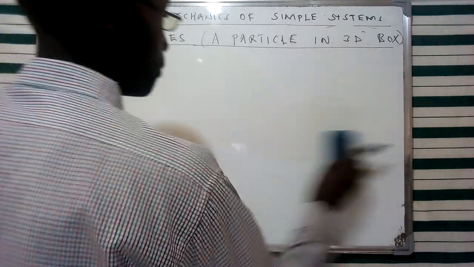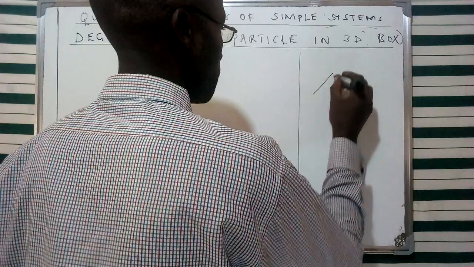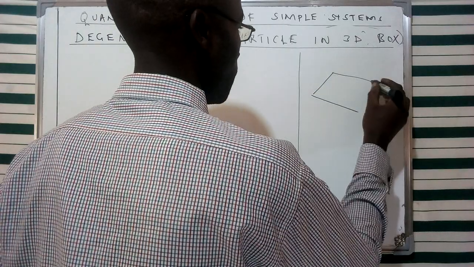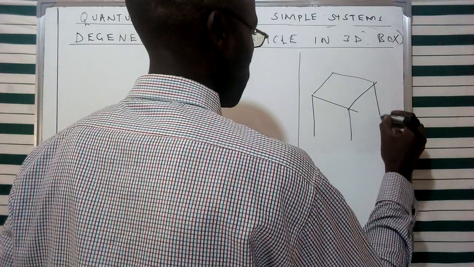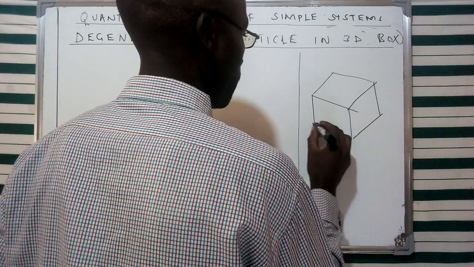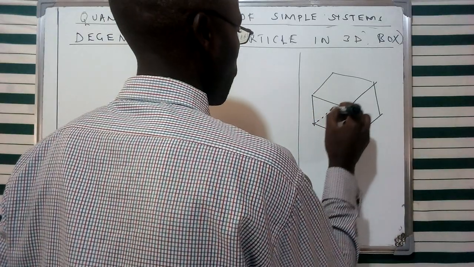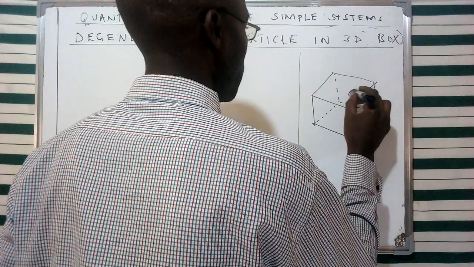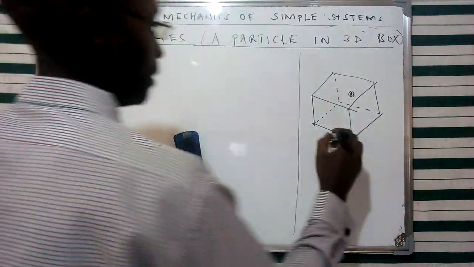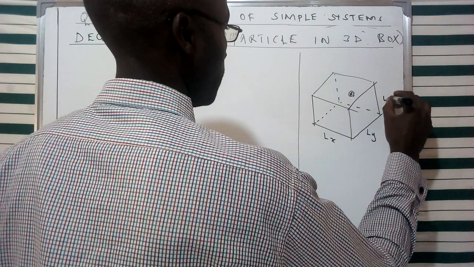And in this case, I'm going to give a rough illustration of this specific case, we can have a box being given using that specific representation. I hope it is going to be elaborate in this sense. So suppose we have a particle in a three-dimension box given in terms of Lx, Ly, and Lz.